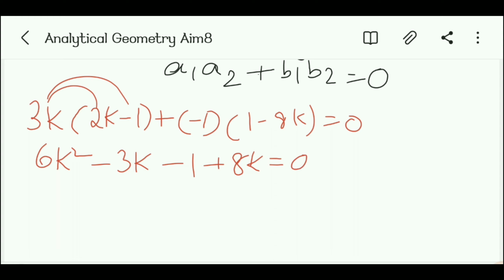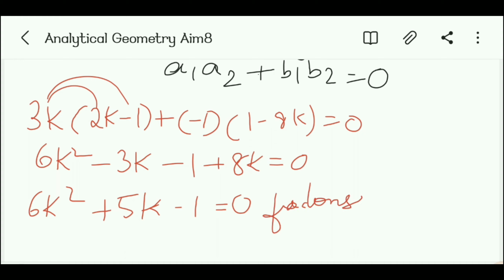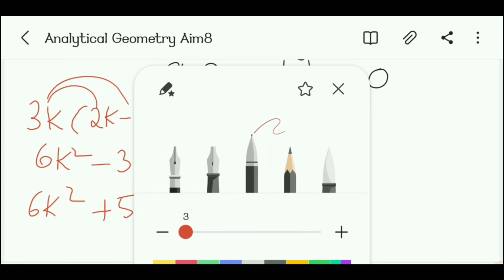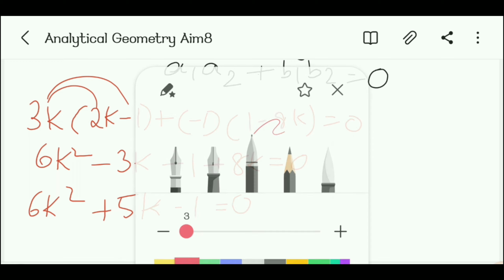Clear? Now what we will do? 6k square minus 3k plus 8k. What is it? 5k minus 1 is equal to 0. Now we have to factorize this for finding the values. How to factorize? You all know, right? First you multiply these two values.